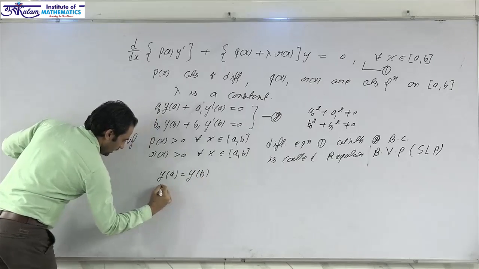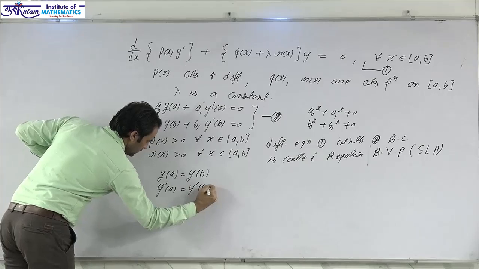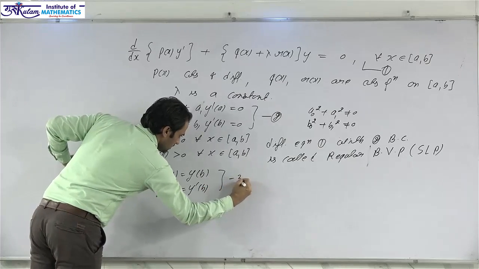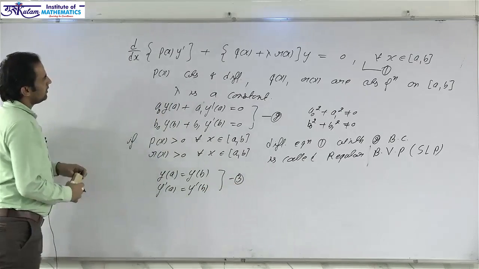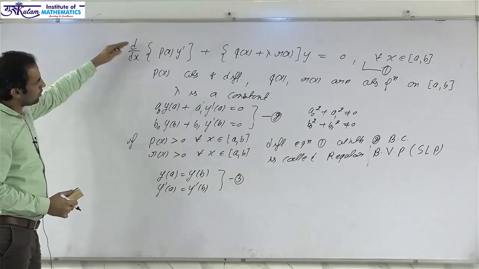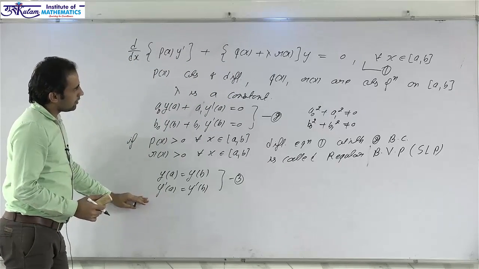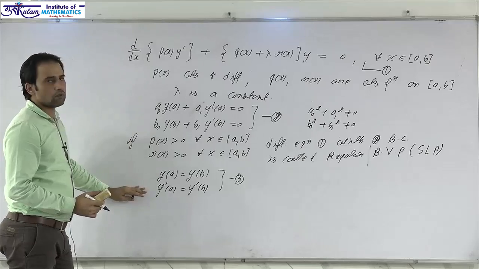And if we define another boundary condition, say y of a is equal to y at b and y dash at a is equal to y dash at b, say this is the third, then the first differential equation, with certain conditions on p and r, with the third condition is called a periodic boundary value problem.